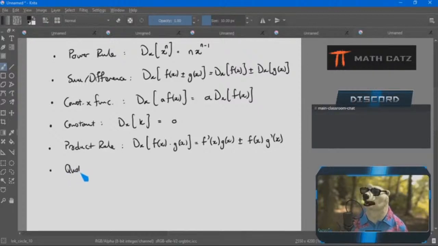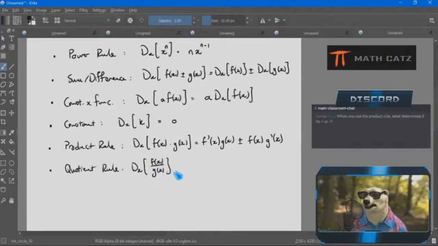Then you had to watch a video on the quotient rule, where the last way to combine functions in one of the four basic arithmetic ways is to have a fraction of functions. Then the formula or the property just gets worse and worse and worse.